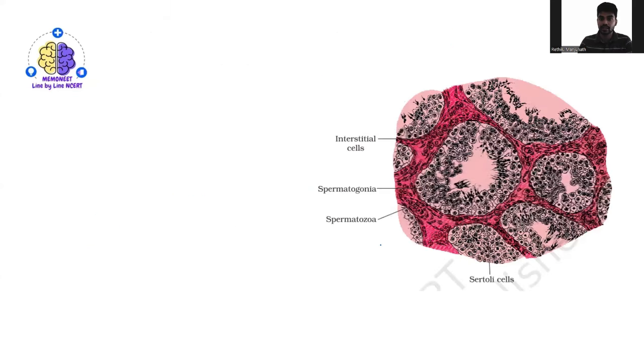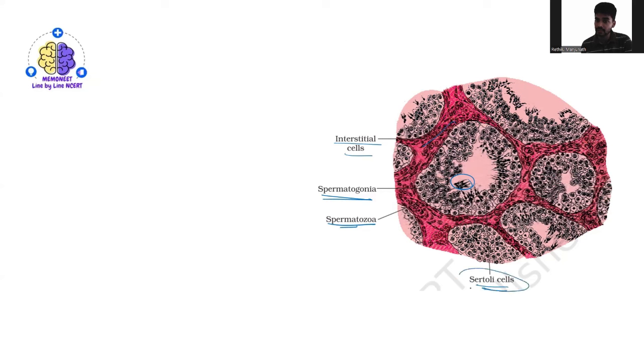To understand, I'll go with another diagram. If you zoom into your testis, into the testicular lobules, you will find these things. First I was talking about the spermatogonia. Then the spermatozoa, which is the entire sperm formation, and they are surrounded by the interstitial cells. There are also the Sertoli cells.